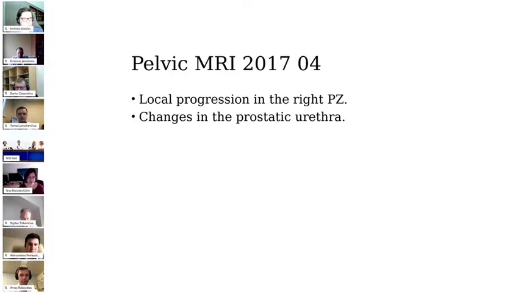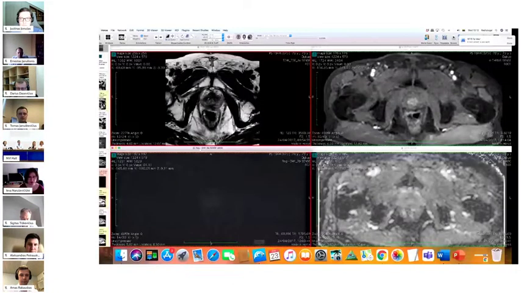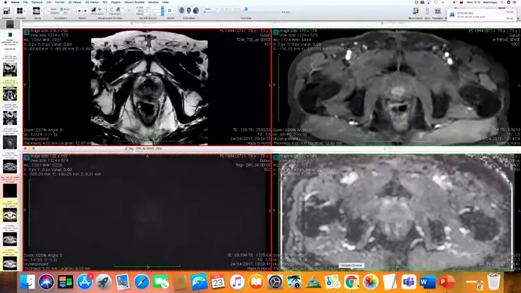Yes, can you show my screen? So on the MRI images, in the right low peripheral zone, there is a focus of contrast enhancement and diffusion restriction.